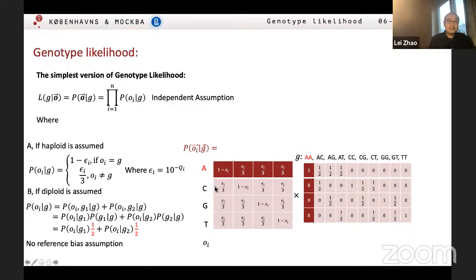And here, similarly, suppose you multiply this row to this, which means the likelihood of genotype AA if you observe a single C read. And once you get all these reads piled up on one site, you just multiply them together, you get the genotype likelihood for this specific position.